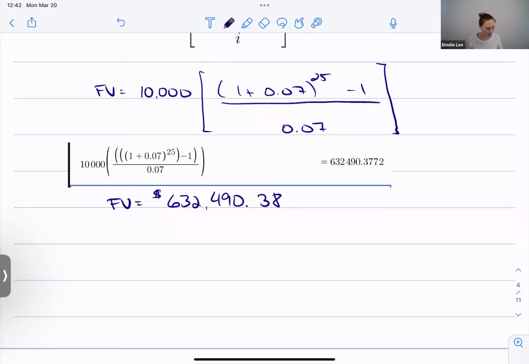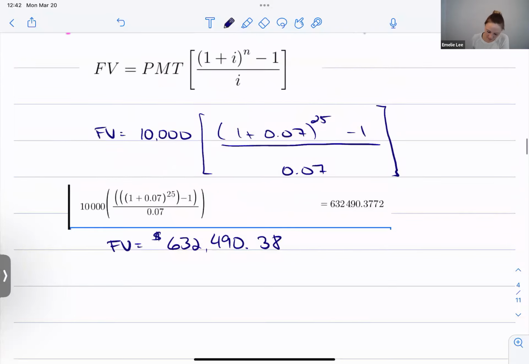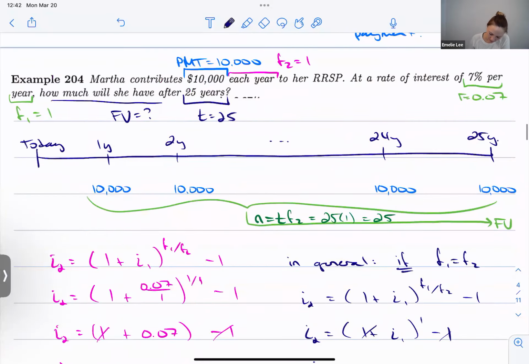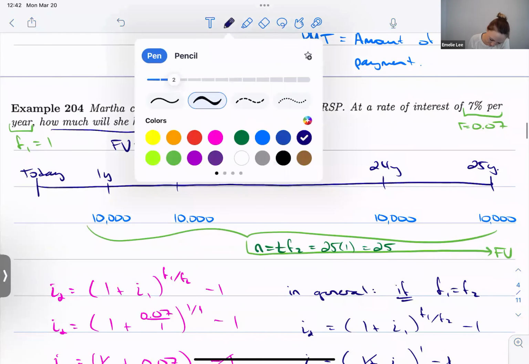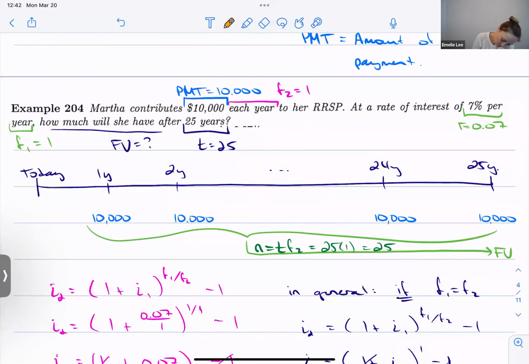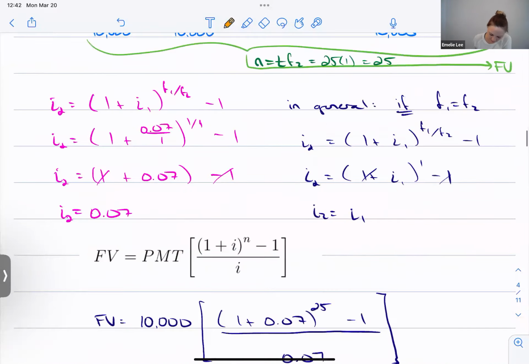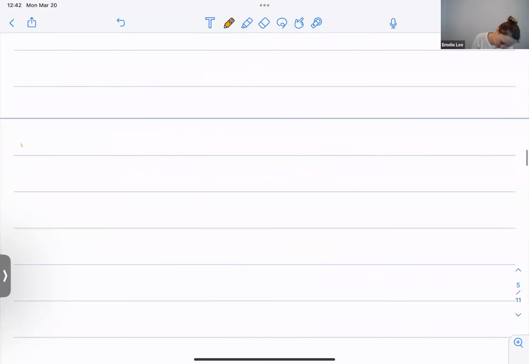All right. Let's do another example. So this was finding the future value. I'll put it on a new page.